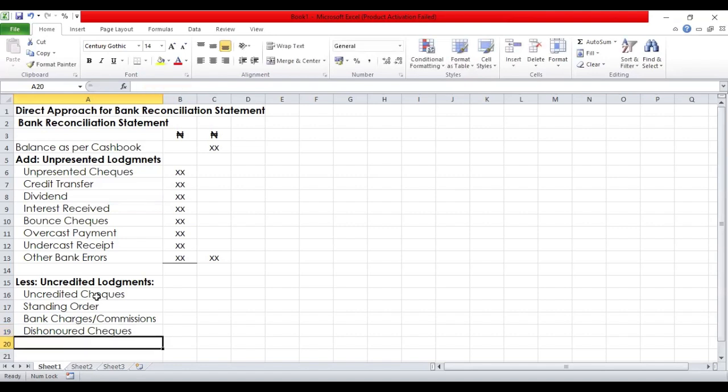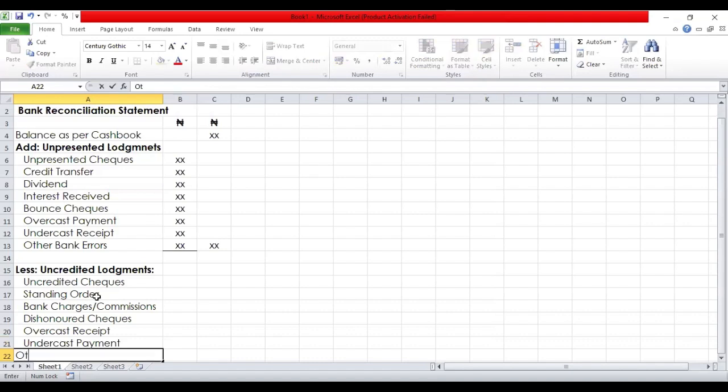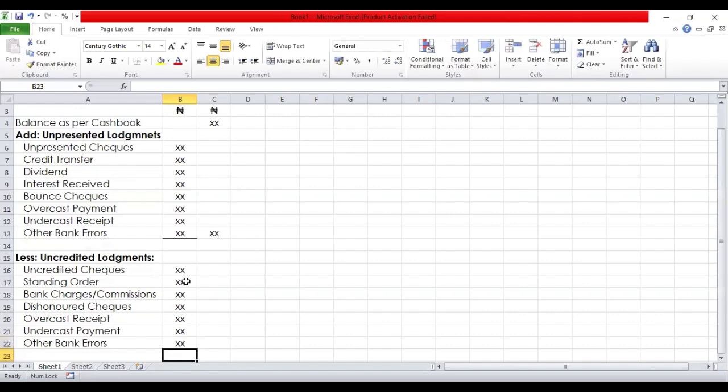We have overcast with undercast payment. Other errors.